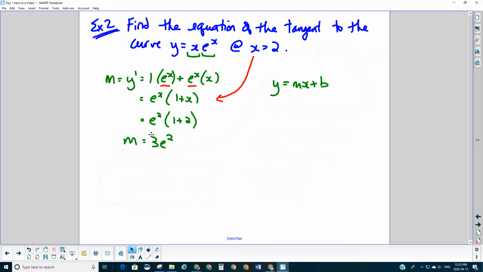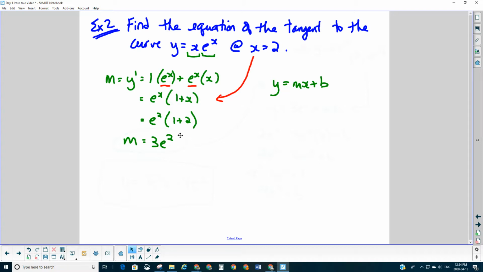Now remember, this is a number. It's not a variable. e is not a variable. It's like pi. Pi is not a variable, it's 3.14. e is 2.718, and so on. So what you found is actually the slope, 3e to the 2. You can go to your calculator and find an e to the x button and calculate this.